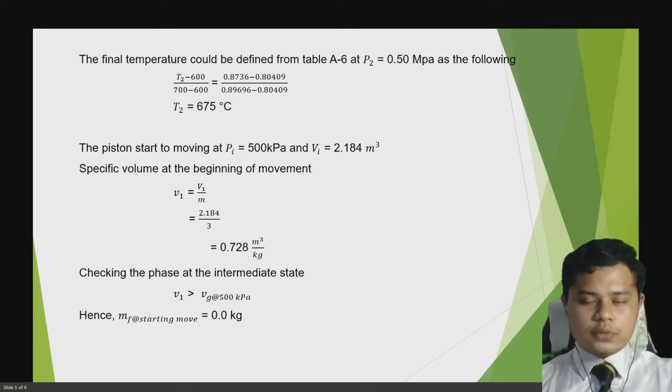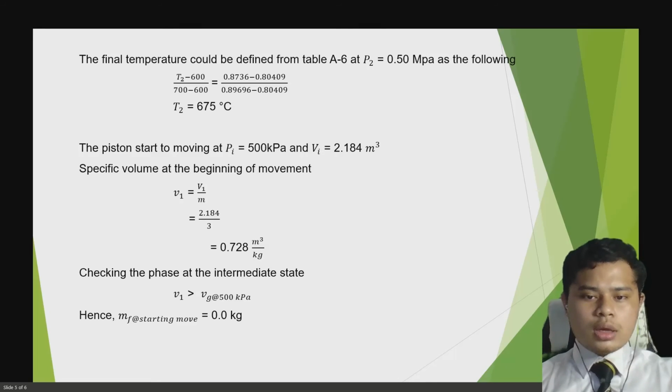So we will move to the next question, which asks to find the mass at liquid phase when the piston starts to move. So the piston starts to move when the pressure is 500 kilopascal and the volume is equal to our initial volume, that is 2.184 meter cube.